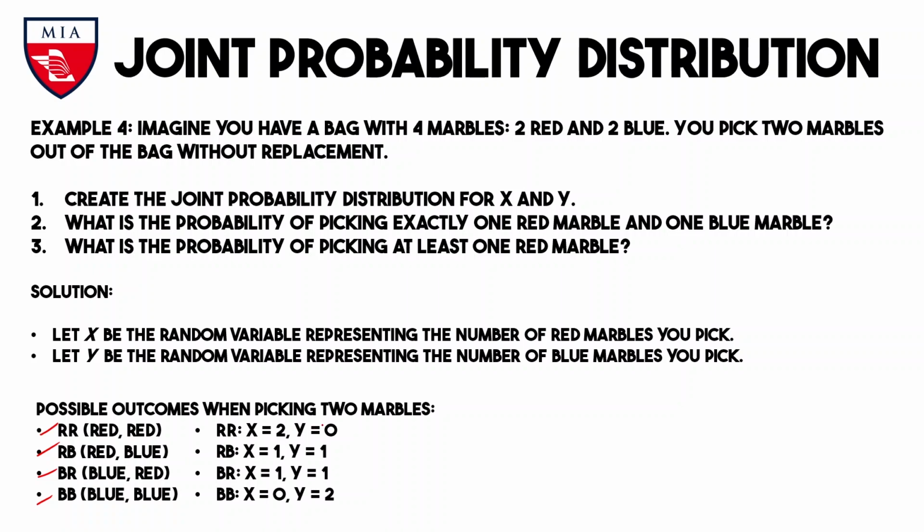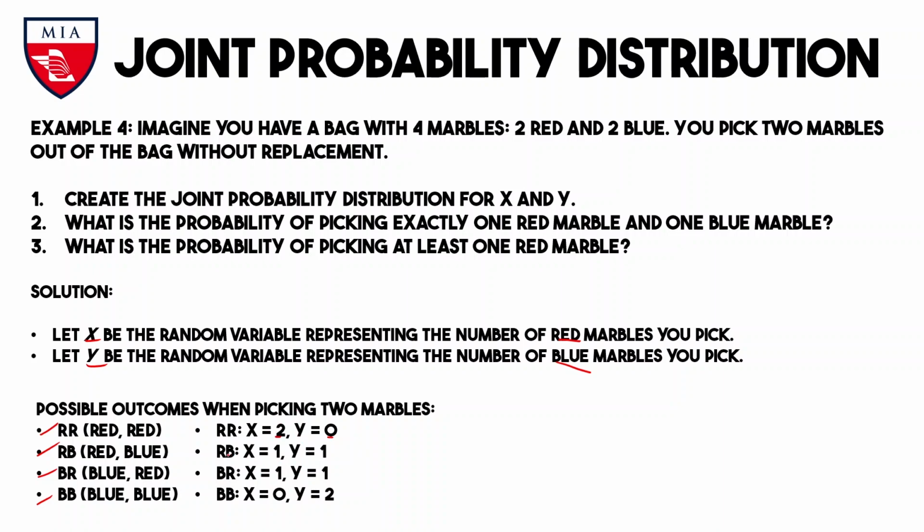So in terms of representation, let's relate it to this problem. If you pick 2 reds, therefore you have x is equal to 2, y is equal to 0. Again, we let x be for red marbles, and we let y be for blue marbles. So that's how this representation is made.